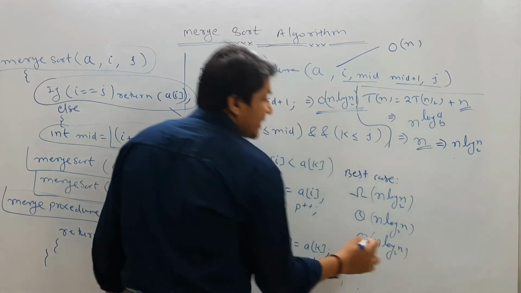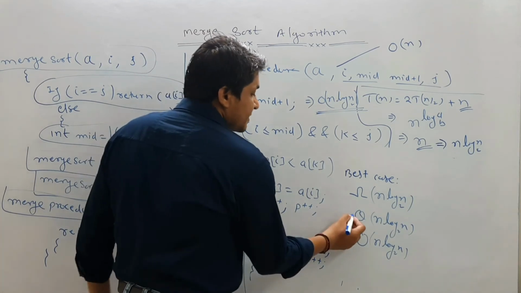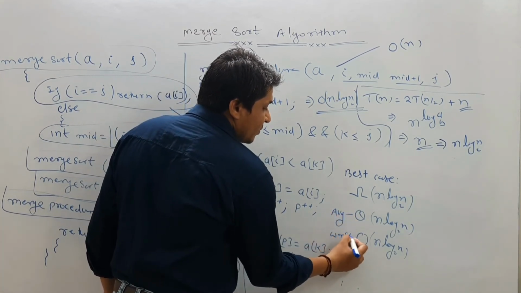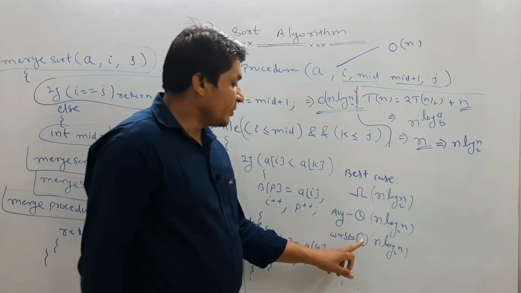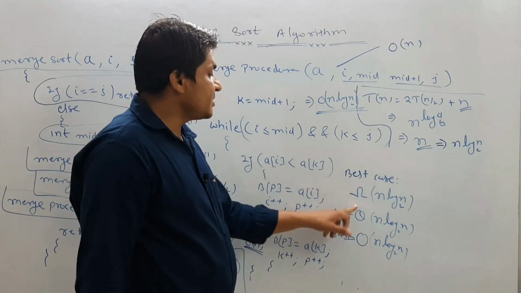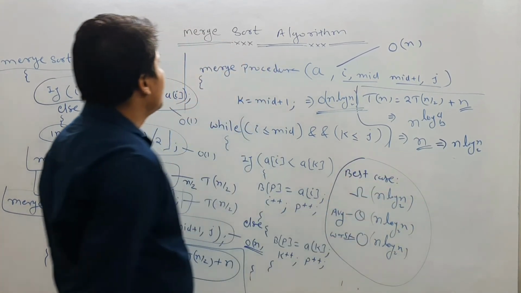So in every case it is n log n, correct? This is just representation. Worst case means big O, average case means theta, and best case means big omega. So this is the time complexity in every case for merge sort.